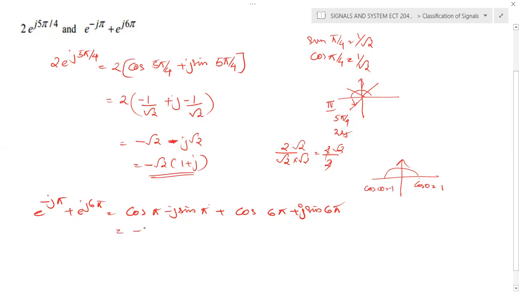So here cos 180 is minus 1, and sine 0 and sine 180 is 0. So we can write 0 here, plus cos 6 pi. So this is 1 pi, this is 2 pi, and this is 3, again 4, 5, and 6. So we'll get the value of cos 0. Cos 0 is 1, and plus sine 6 pi means again sine 0, so that is 0. So we'll get minus 1 plus 1. So overall this is equal to 0.